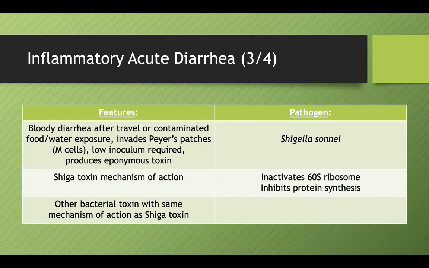I wanted to mention, similar to how we saw that with cholera and ETEC, we also saw this in my oral cavity lecture, where I talk about diphtheria and how diphtheria toxin has the same mechanism as Pseudomonas exotoxin A. They really like you to know if something has a similar mechanism of action. So in the case of Shiga toxin, what's the other toxin that has the exact same mechanism of action? It's going to be the Shiga-like toxin, and that's part of EHEC, enterohemorrhagic E. coli.